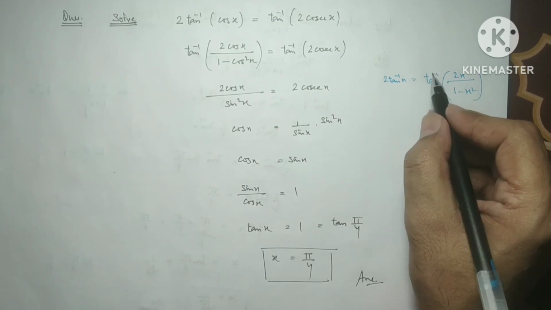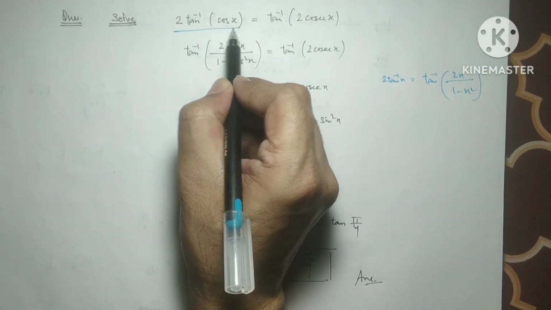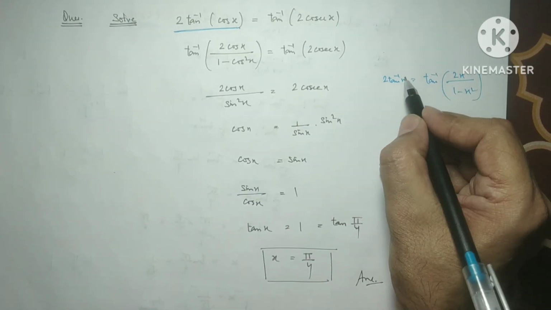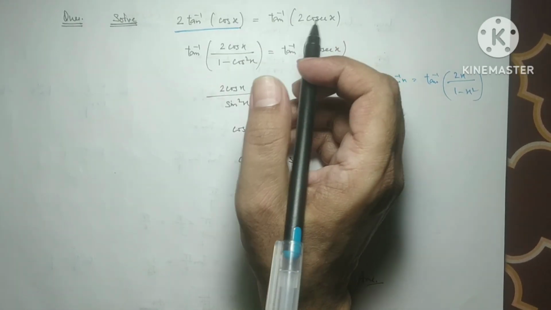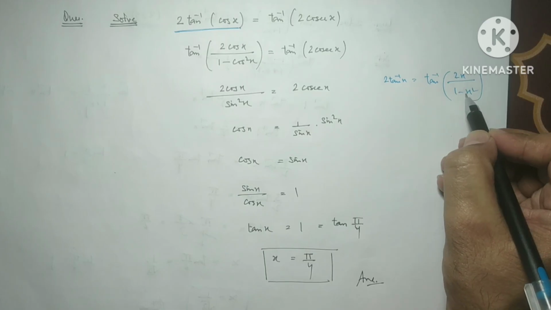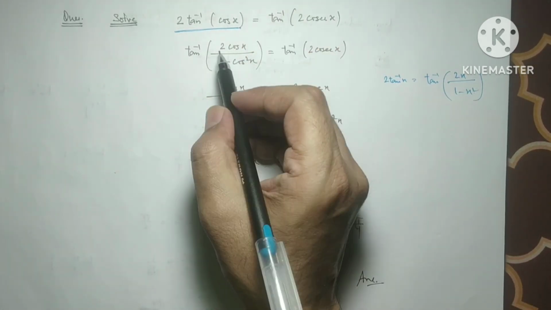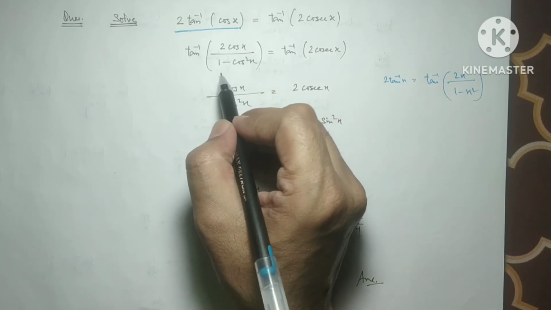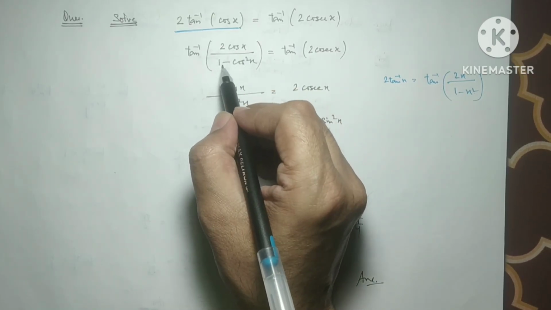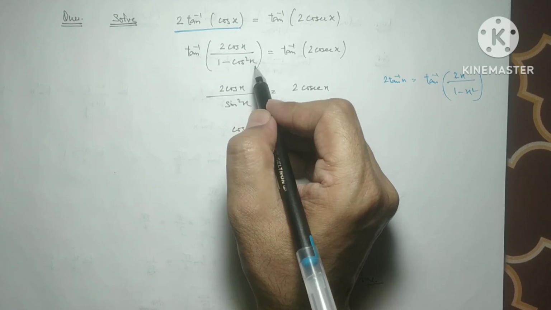We use this theorem or this formula at this place. So right now in place of x we have cos x. So it is twice of x divided by 1 minus x square. Same way we will place 2 cos x. It is twice of this over 1 minus square of this. So it is cos square x.